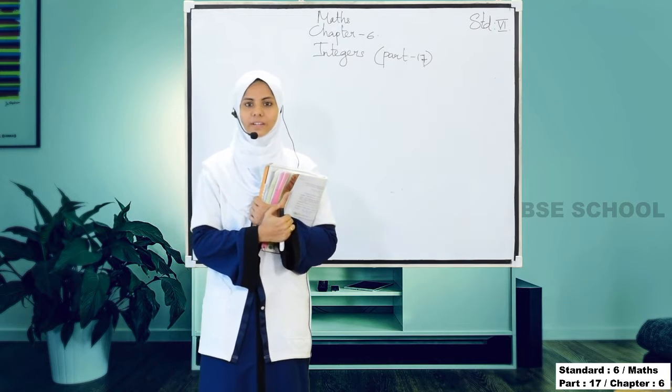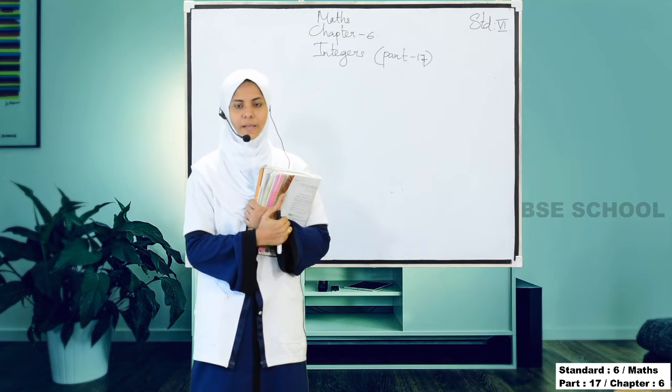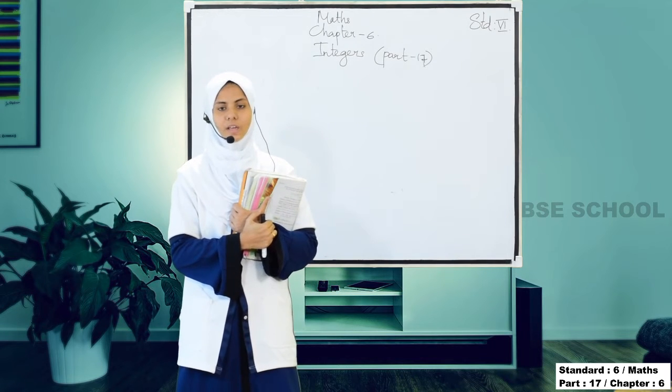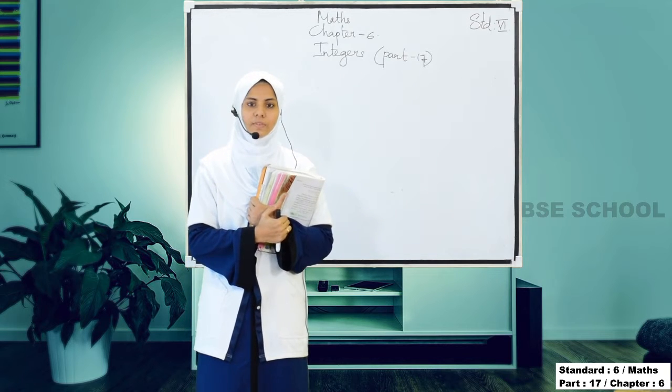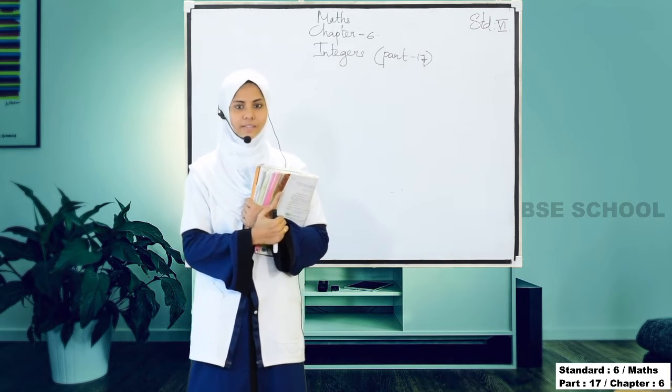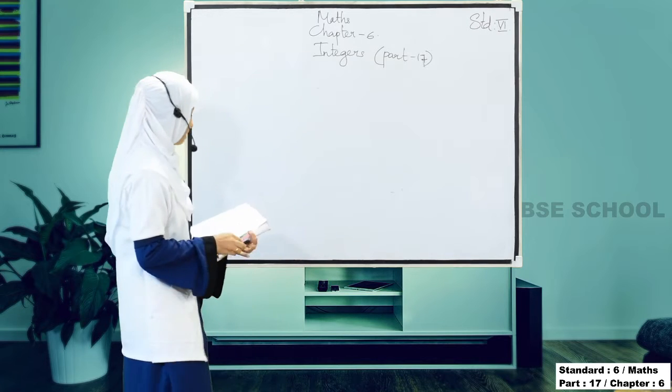So in the previous classes we did some exercises based on addition of integers using number line and without using number line, isn't it? Today we are going to do the rest of the exercises that we started in the previous class.